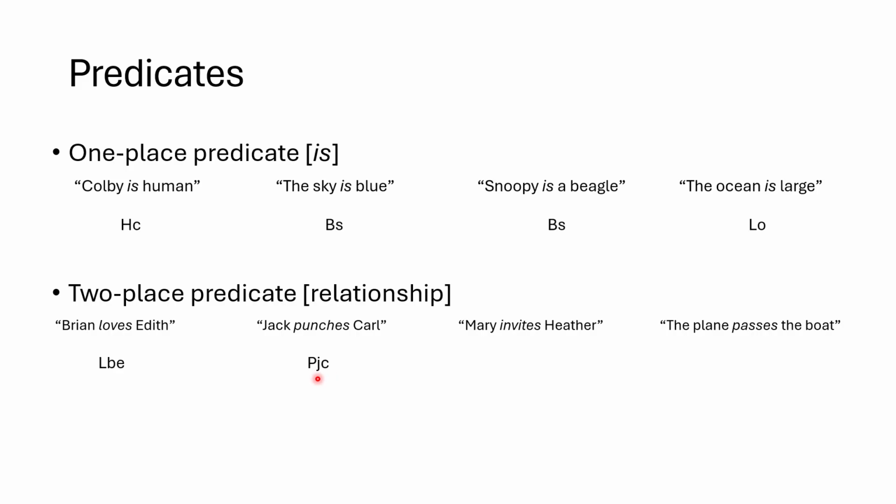So the J symbolizes Jack, the C symbolizes Carl, and the P is the predicate that defines the relationship. And as you could probably guess with how these other ones go, so inviting is the predicate, and then Mary is the one doing it to Heather. And then this last one, the plane is the one that's passing the boat. So the active position is the first place, and then the passive one is the second place, or you can think subject, object, those types of relationships.